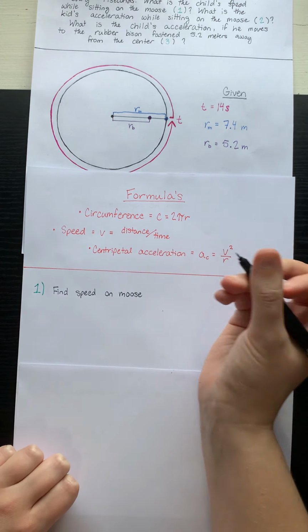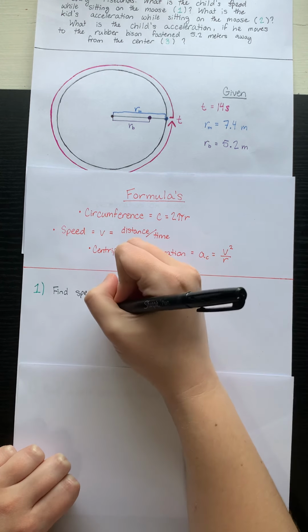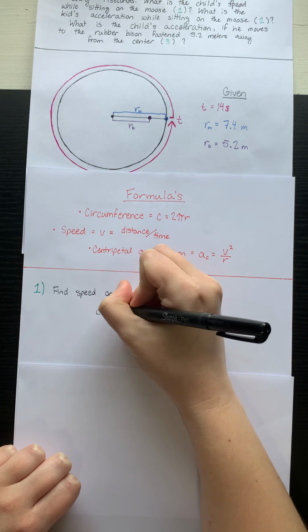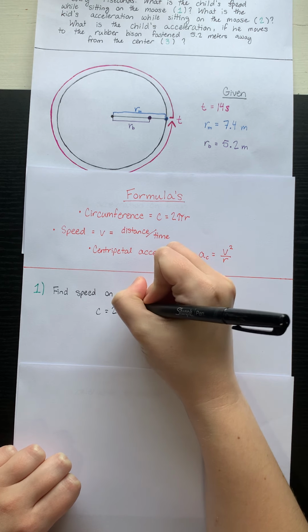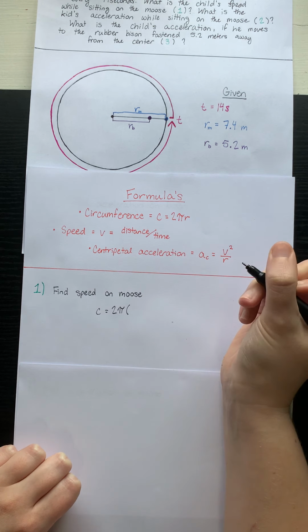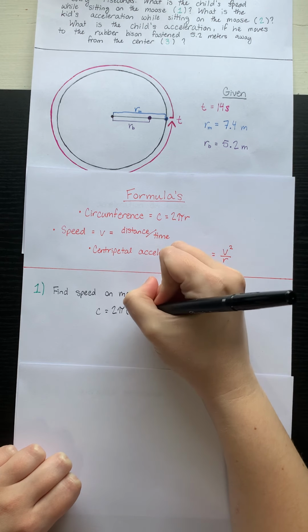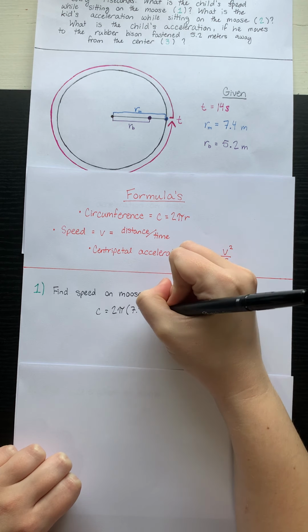So to find the circumference first, we're going to take this formula right here, C equals 2 pi, and then we're going to multiply it by our radius of the moose, which is 7.4 meters.